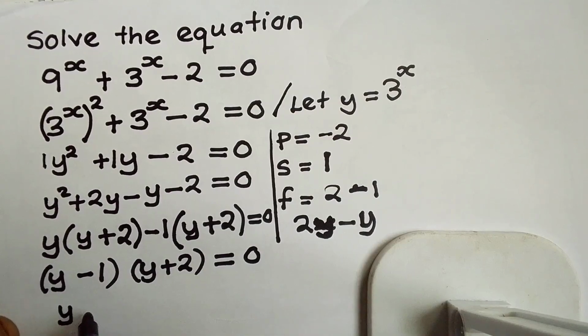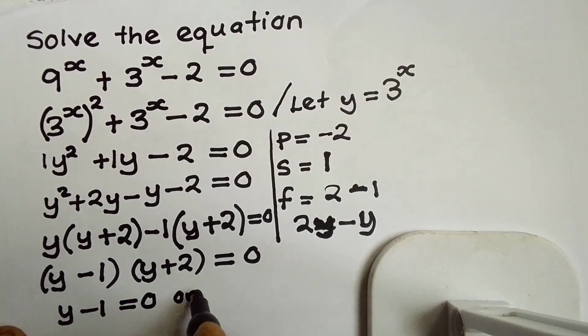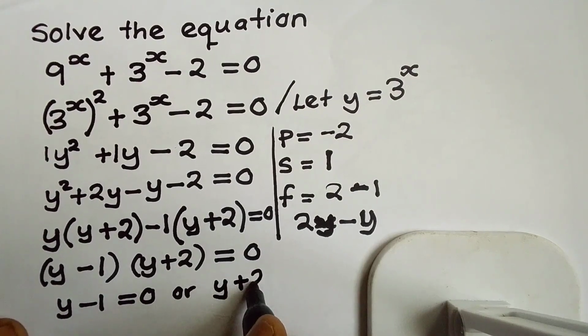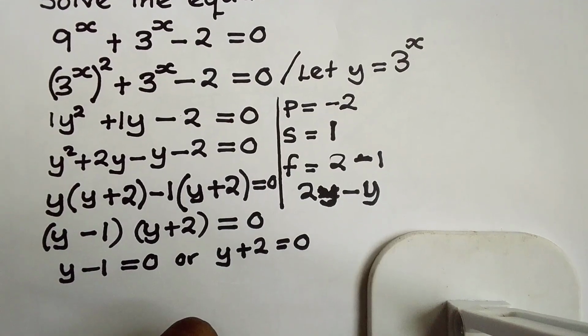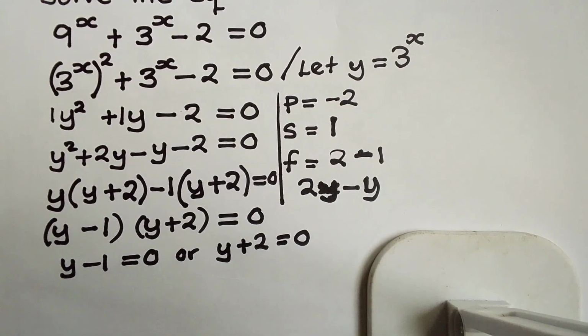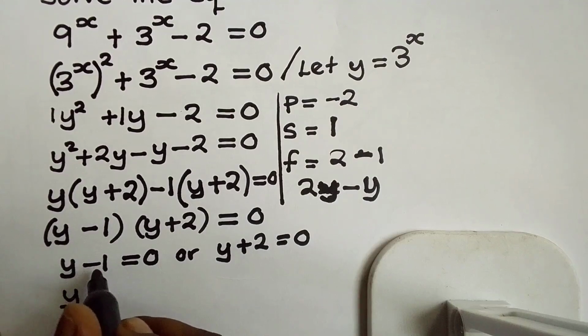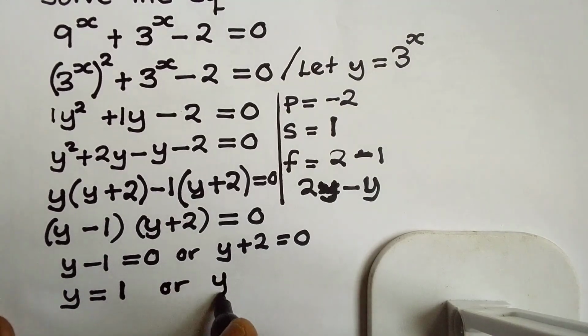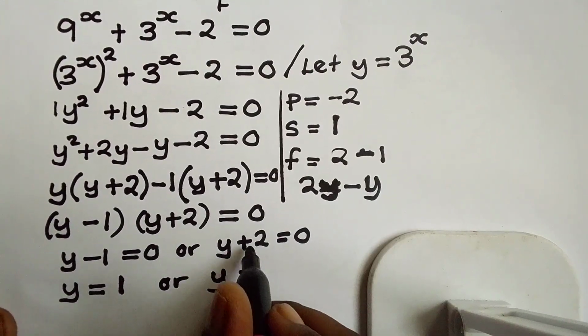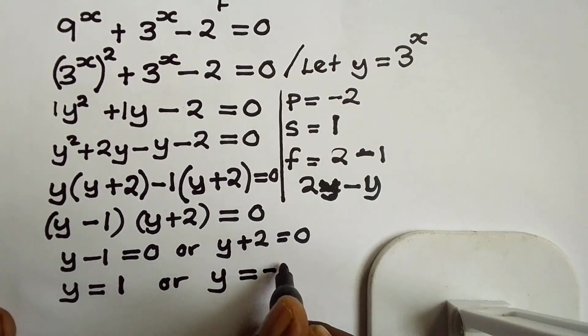So y minus 1 is equal to 0, or y plus 2 is also equal to 0. So let's move on. The first one, I'm going to have y minus 1. When you transpose it, you're going to have positive 1, or y plus 2, when you transpose it, you're going to have negative 2.